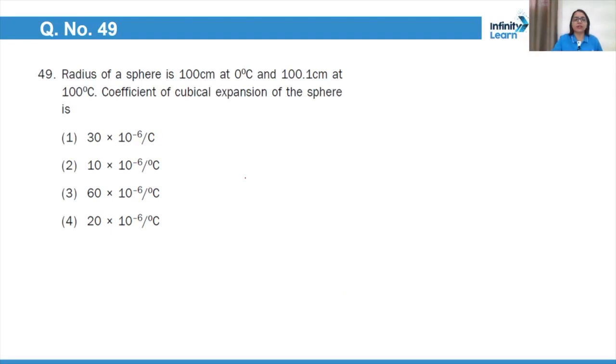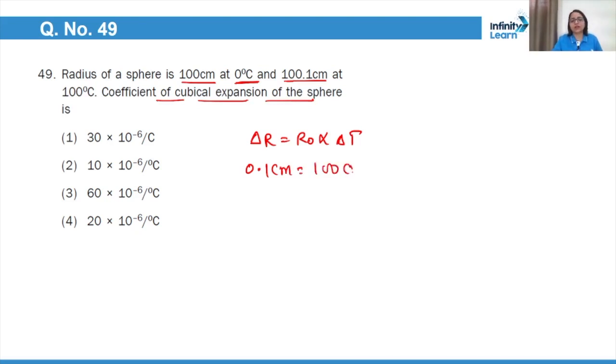Question number 49. The radius of a sphere is 100 centimeter at 0 degrees Celsius and 100.1 centimeter at 100 degrees Celsius. What is the coefficient of cubical expansion? So we know that delta R will be R naught alpha delta T. So delta R is 0.1 centimeter, equal to R naught, which is 100 centimeter, into alpha into delta T, which is 100. 0 to 100 degrees Celsius is the change in temperature, right?